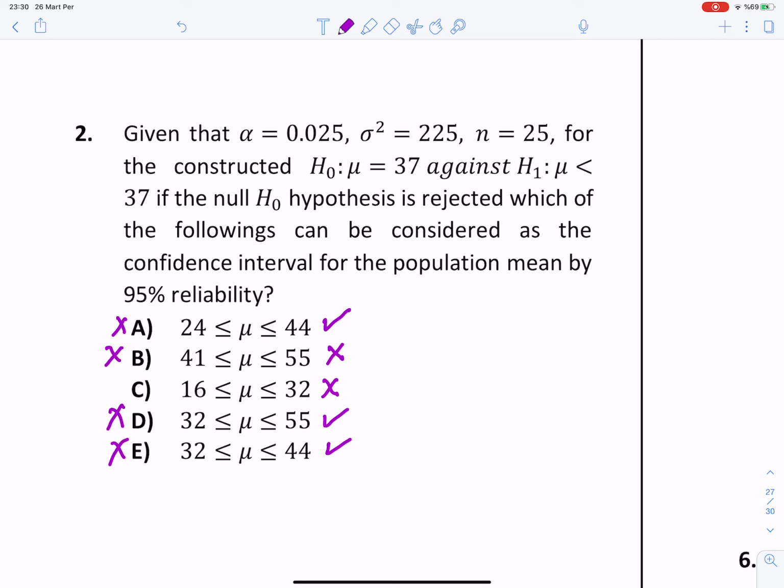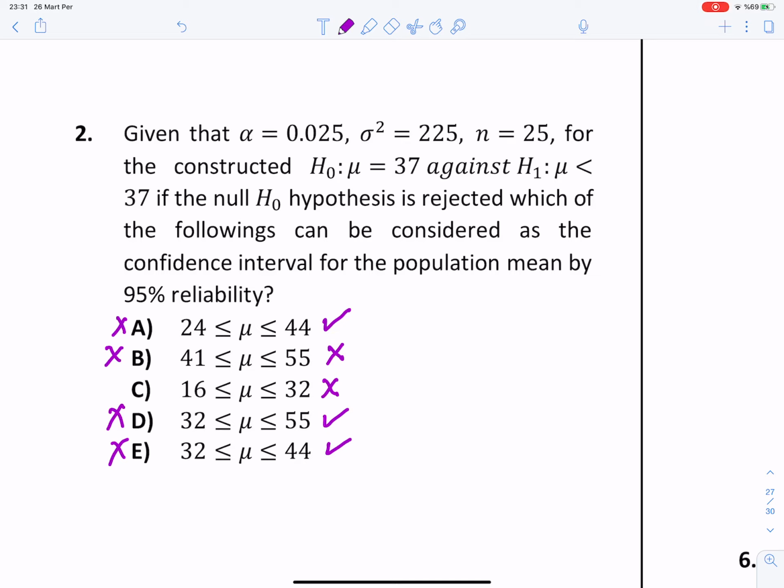The option C is fine. That's the answer, because the mu 37 is not within this range, and we know that the population mean is less than 37. Even the upper bound 32 is less than 37, and 16 is less than 37.